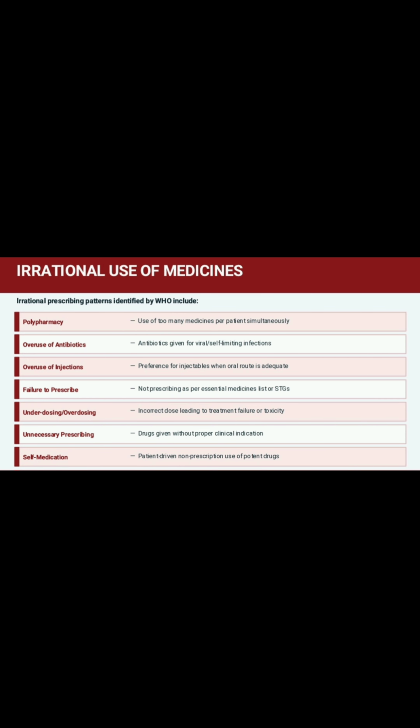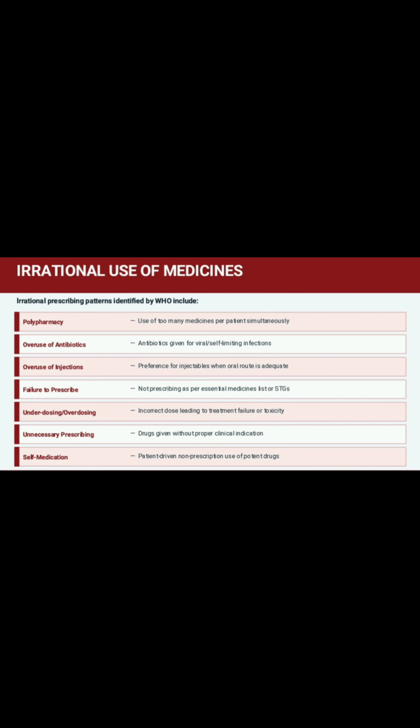Then there are some examples of irrational use of medicines, like polypharmacy, use of too many medicines daily per patient. There are 5, 6, 7 doses. Overuse of antibiotics: antibiotics are only given for microbial infections and also for a limited time period, not for too long.